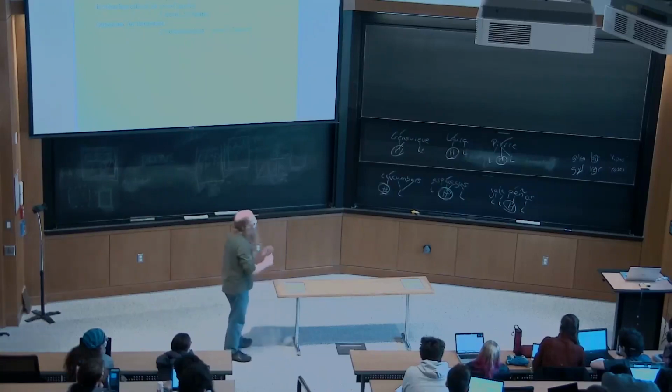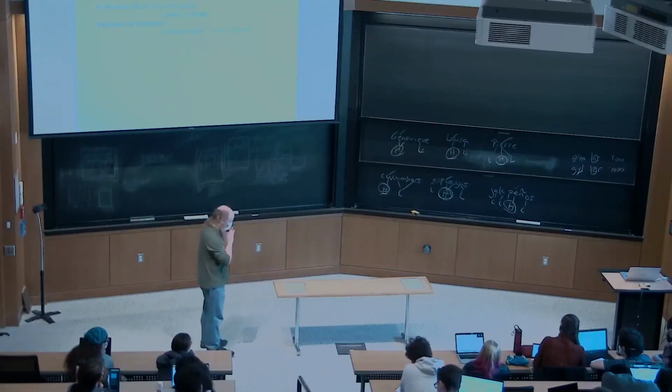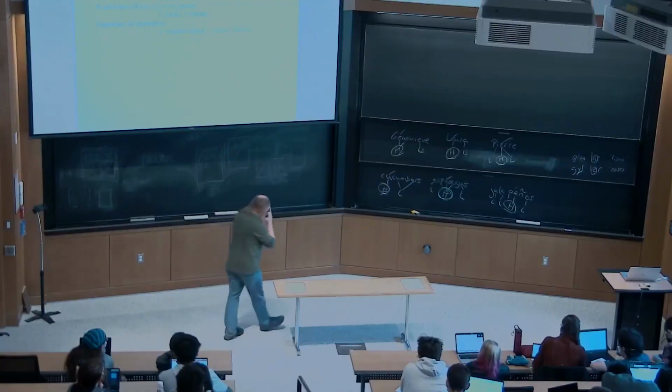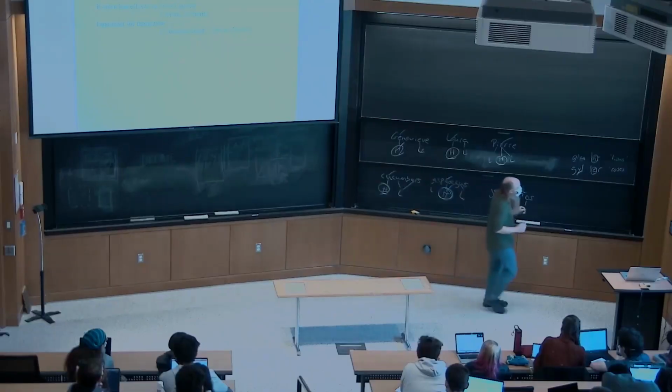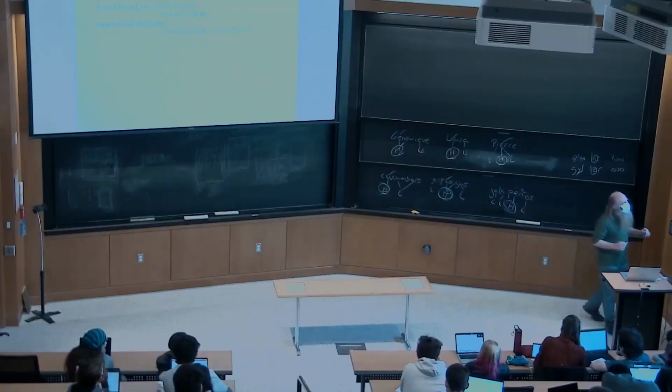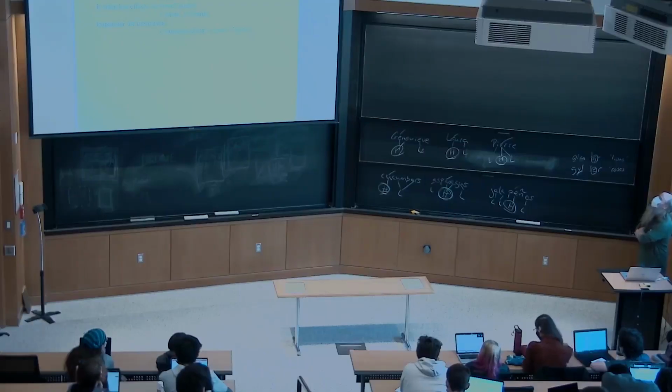Let me try to think of another word. Endocrinology. What's a better word? That's a good word. I'm sorry. Trying to think of another word that has the property that I'm looking for. Interdisciplinary.